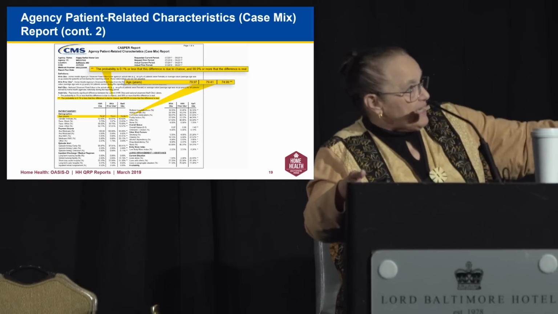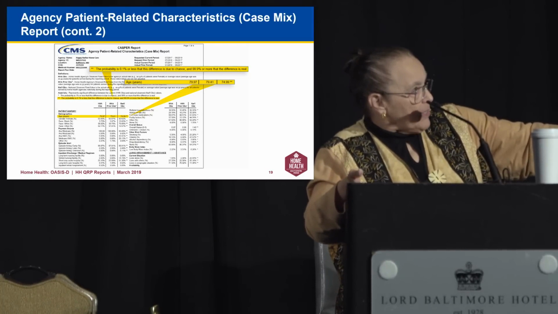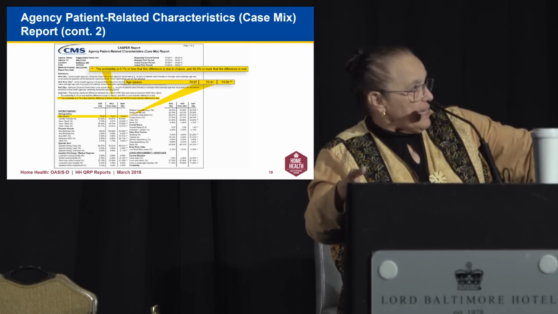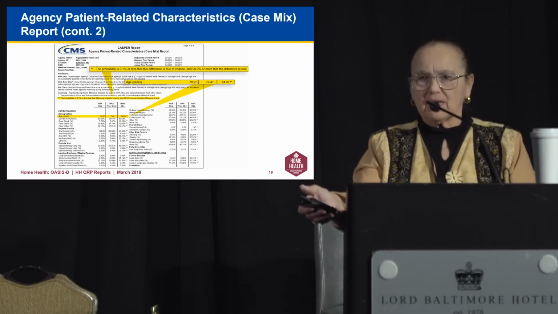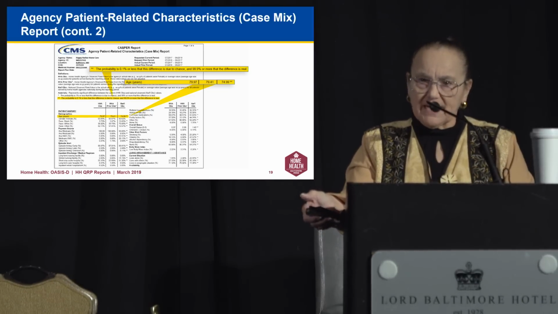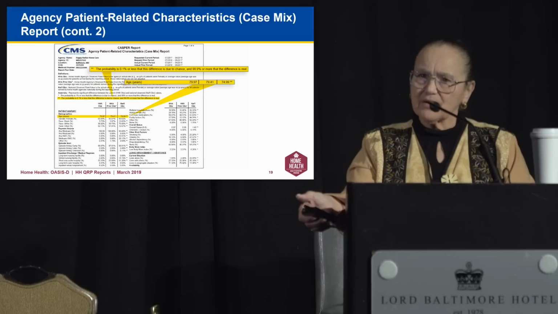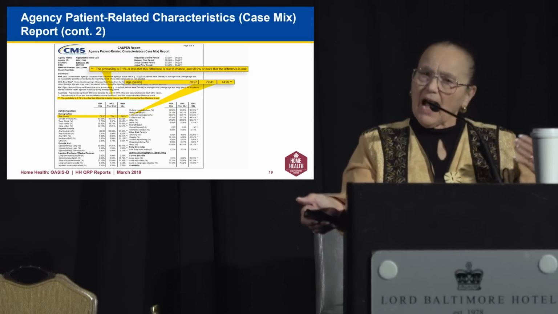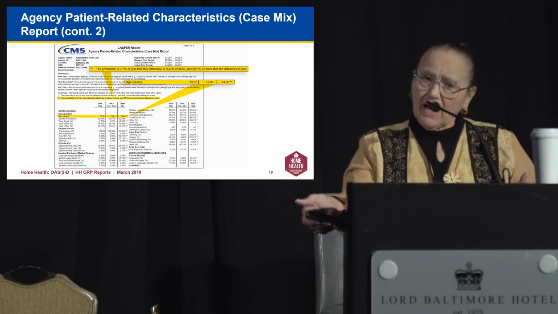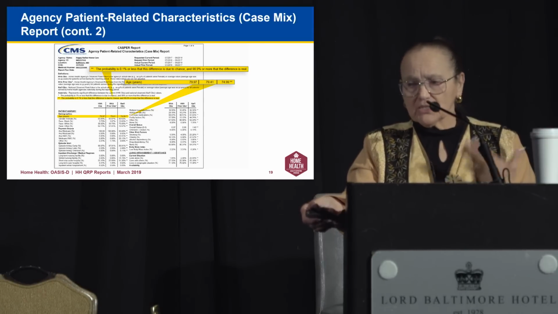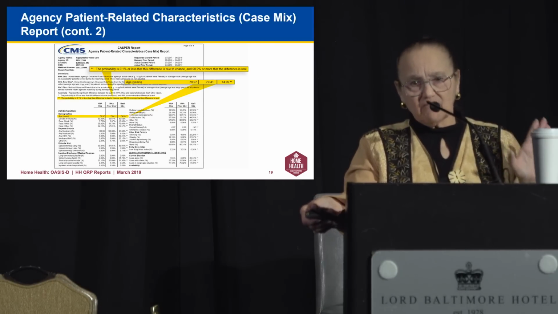So that you have your agency observed rate, you have your prior observed rate, and your national observed rate. Note that these are observed rates. This is not risk adjusted. That doesn't apply here, but it tells you how you were in the last period, how you are now, and how that compares to the national. So you want to look at this data very carefully.